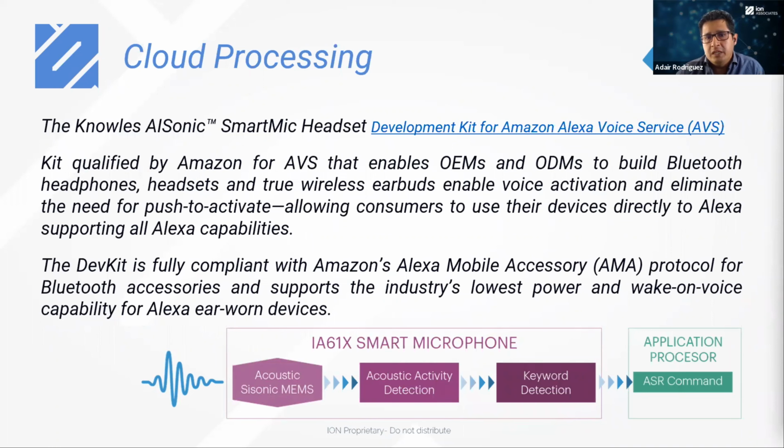We have some AVKs that are ready to interact with Alexa, providing the basics for you to start implementing this cloud processing into your product, whether it is earbuds, a laptop, or a speaker. This evolution kit can help you with that.